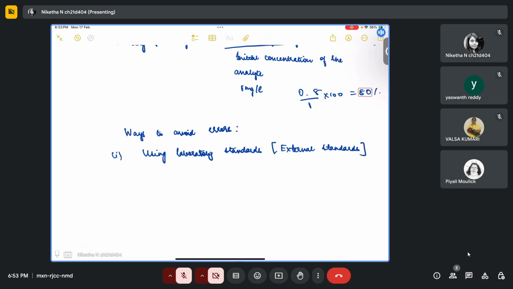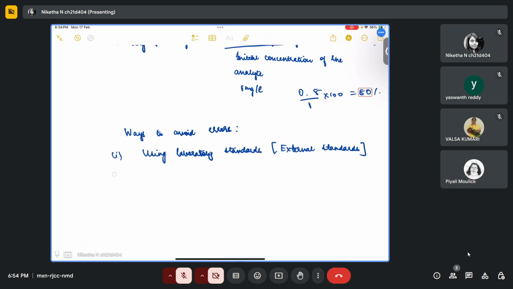So while running the instrument, if there is any loss in the internal standard's concentration, we are able to predict how much loss there will be in the analyte. But when we use an external standard, we cannot do that. So that is the difference between the two.